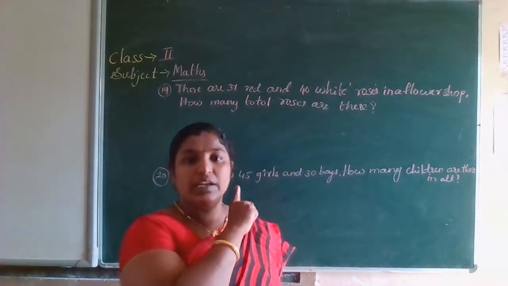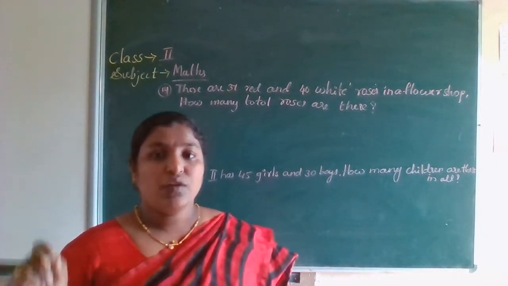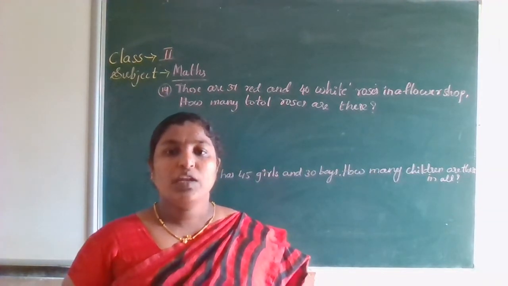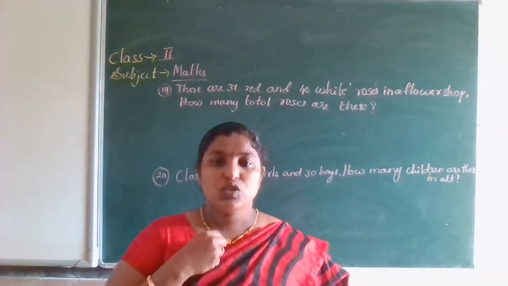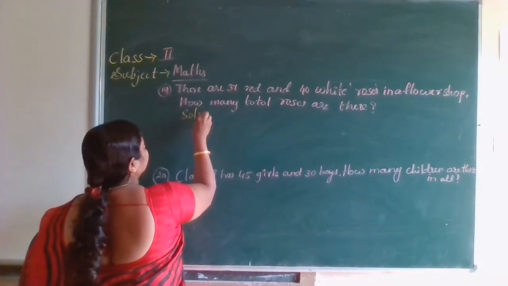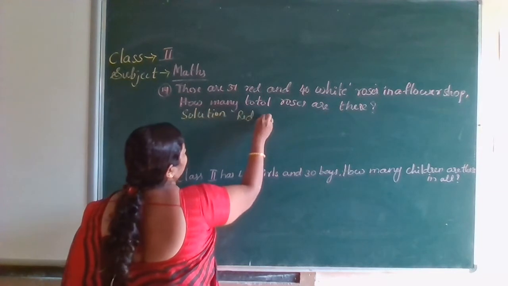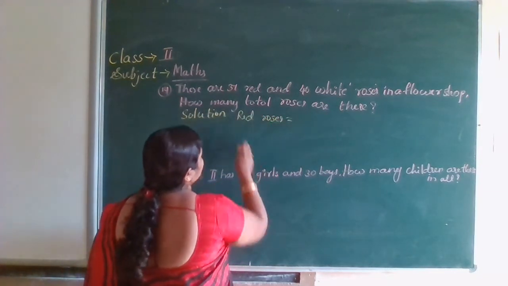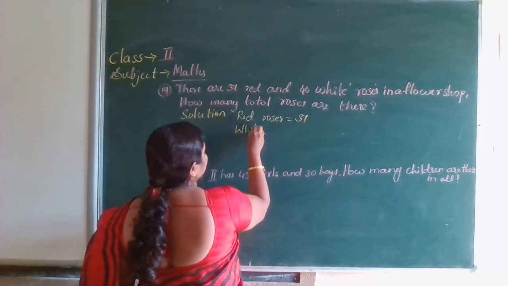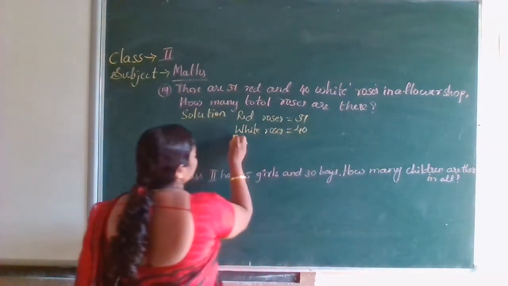So this question 19, there are 37 red and 40 white roses in a flower shop. How many total roses are there? So this question is also regarding addition. So write solution. Red roses is equal to 37, white roses is equal to 40.